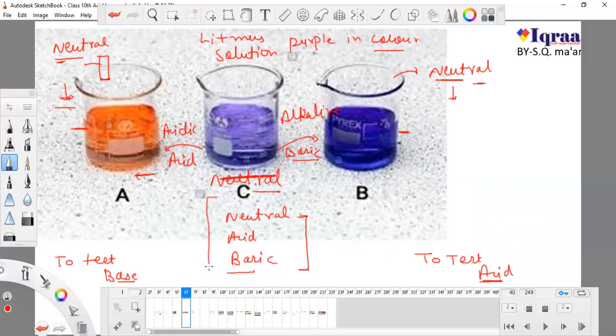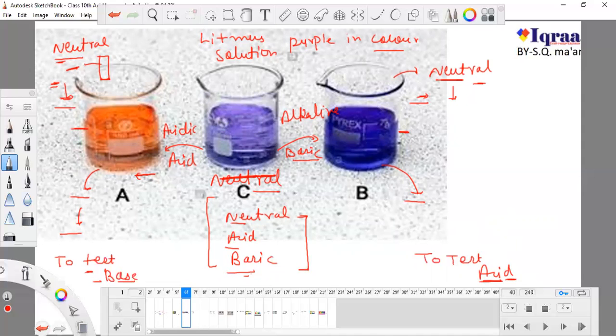So this neutral solution helps us to find neutral, acidic and basic, and this acidic solution helps us to find base, and this basic solution helps us to find acid. There is nothing to do with neutral because we cannot find neutral with these two solutions. There will be no change in color. So these are the three solutions.